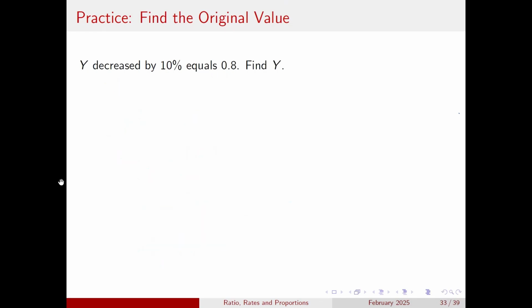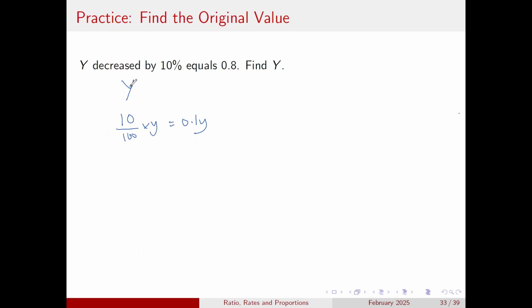Now, another example: y decreased by 10% equals 0.8. Find y. So once again, we don't know what y is, so we have our original value as y. Now, when y is decreased by 10%, first of all, let's find 10% of y. So 10 out of 100 times y, which is equal to 0.1y.